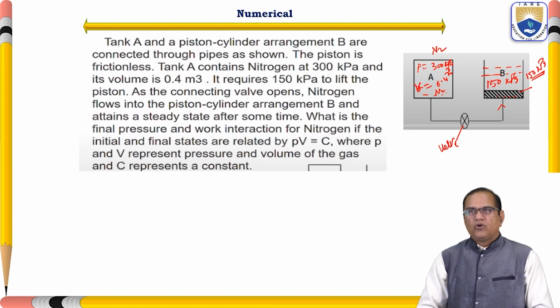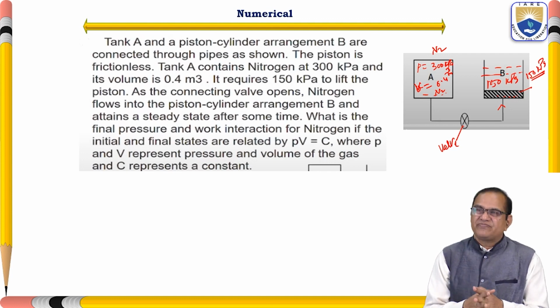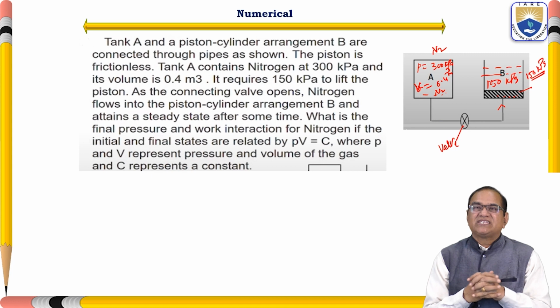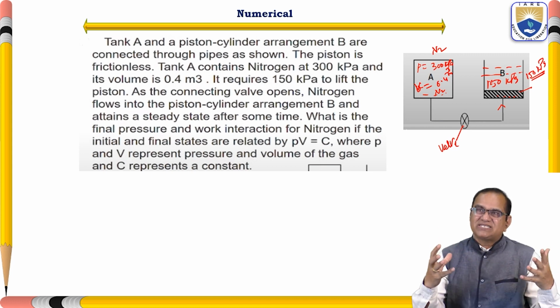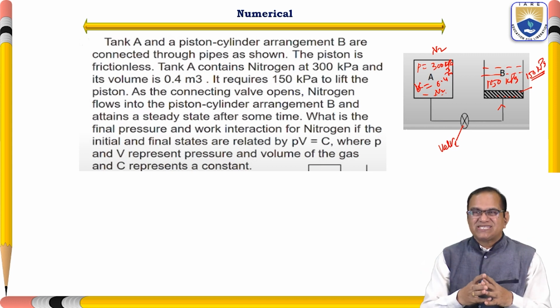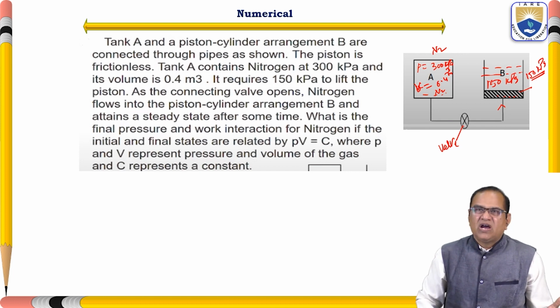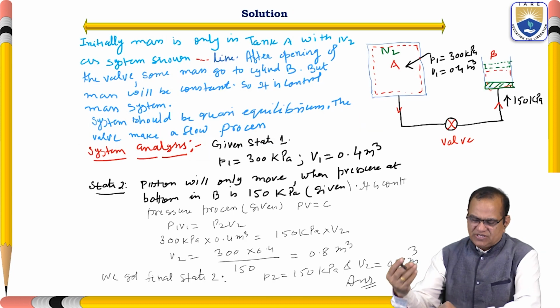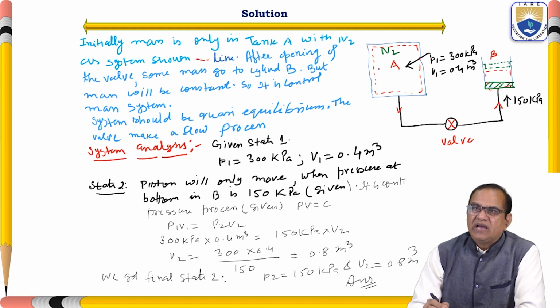So how to go about it? Again, we have to draw the diagram, write whatever things are given, then understand how these things will proceed, and then we will find the solution. Here I have drawn the system in a red line, and this system is nitrogen.